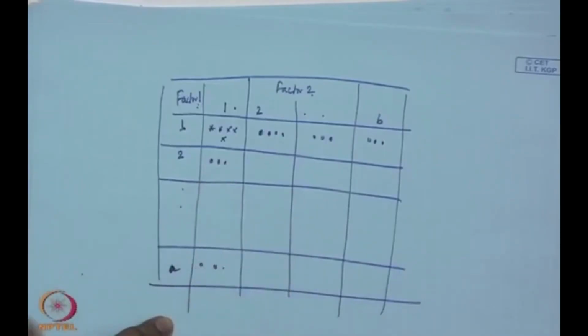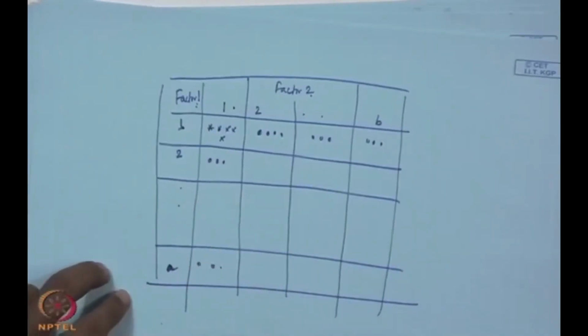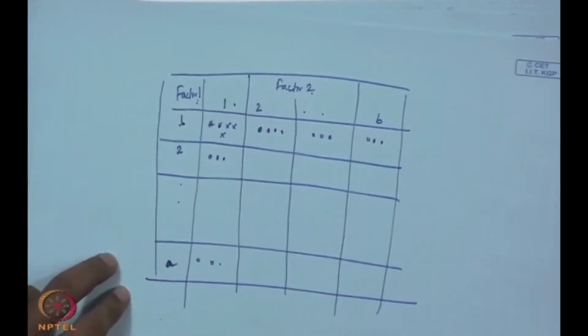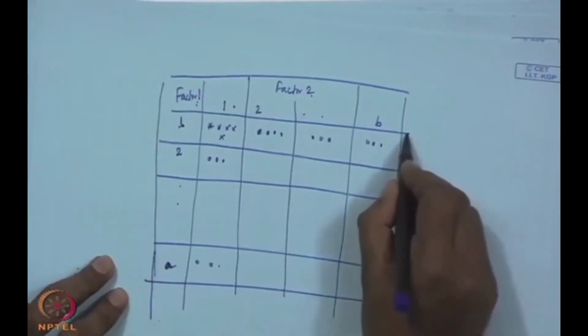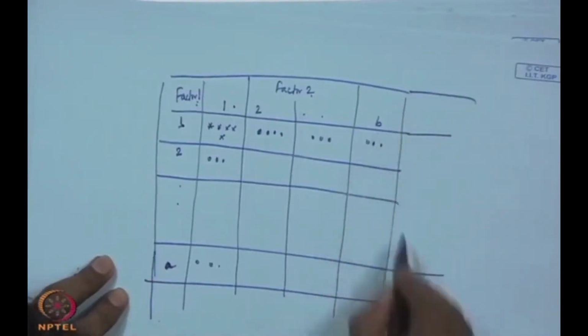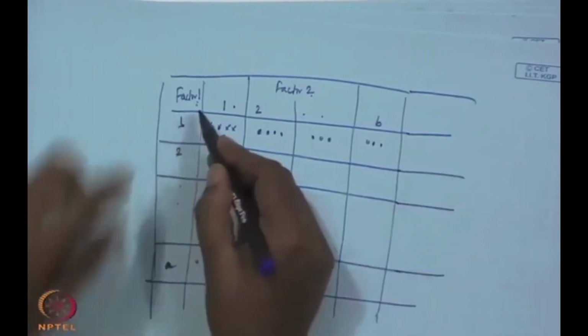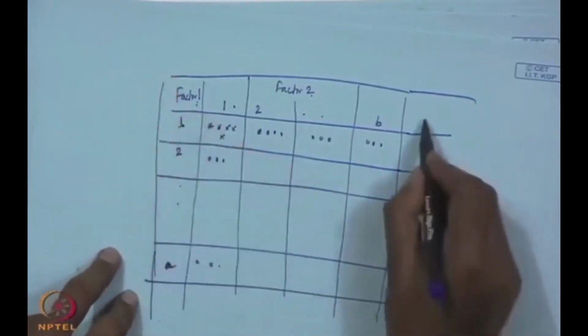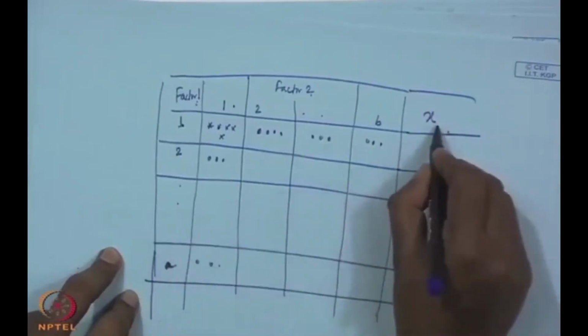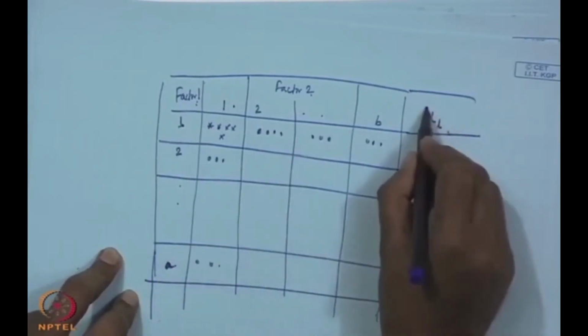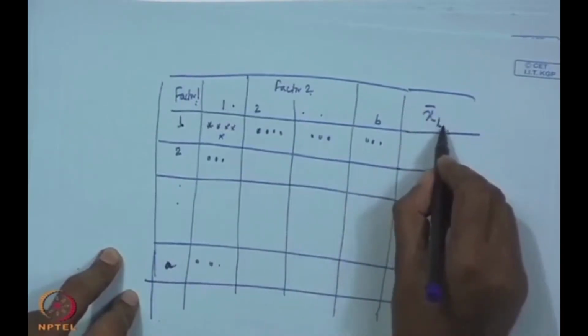So everywhere you are collecting data. If I go by the population concept that we have discussed in ANOVA, then what you are getting here? You are getting two important things. One is for factor 1 you will be getting here x, if I say this is x bar, I am giving one dot here.